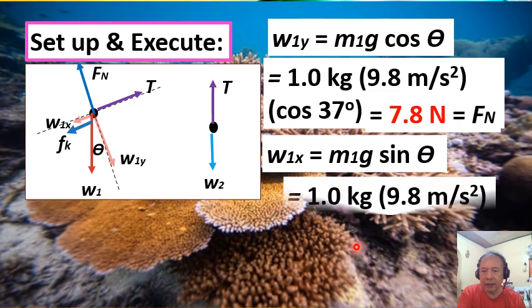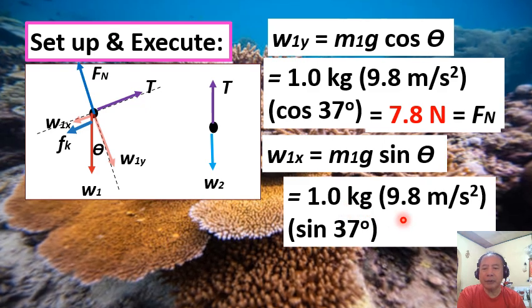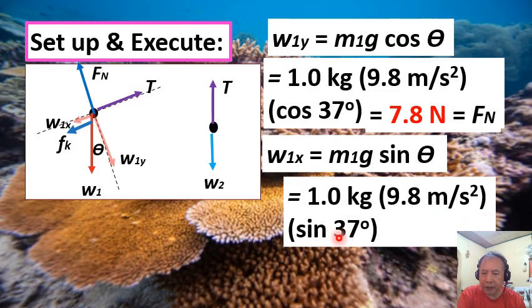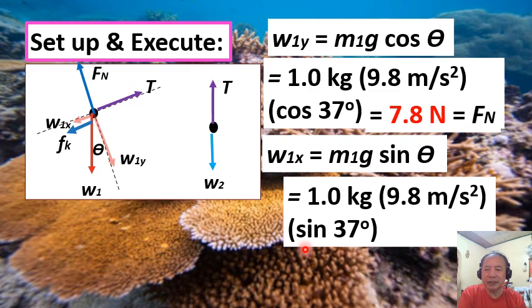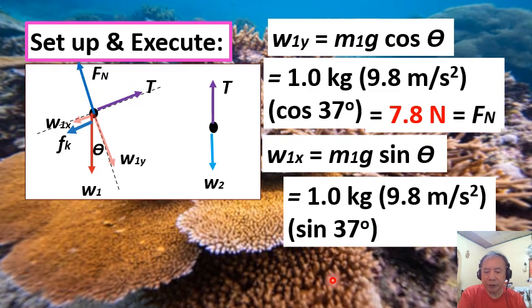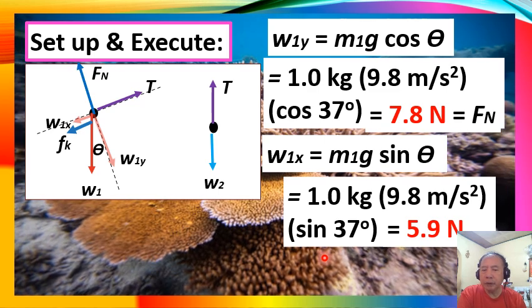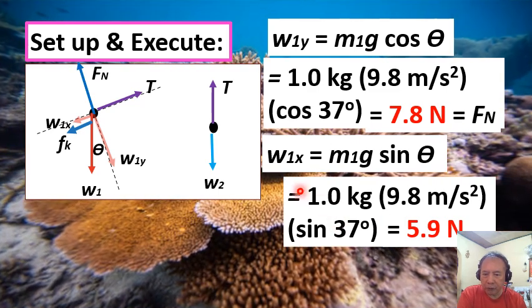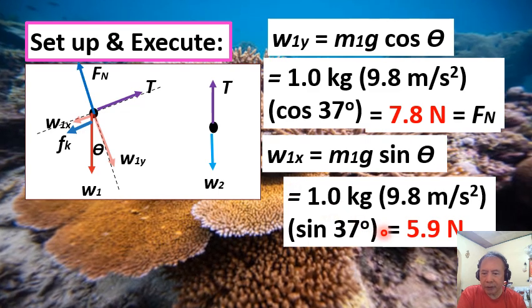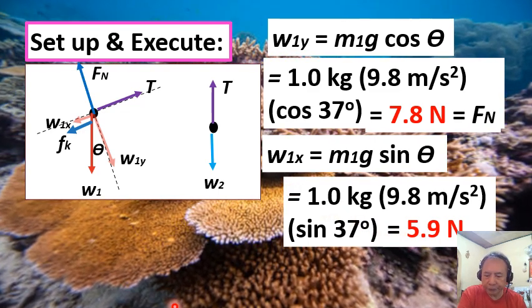That is, W1x equals 1.0 kilogram times 9.8 meters per second squared, multiplied by sine of the angle 37 degrees. With the help of your calculator, we get the value of the x component of the weight W1, or W1x, equal to 5.9 newtons.